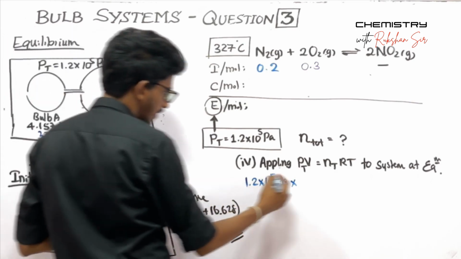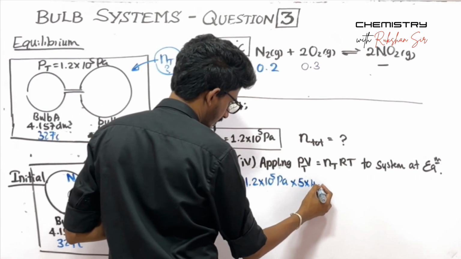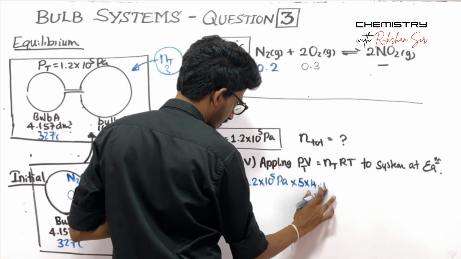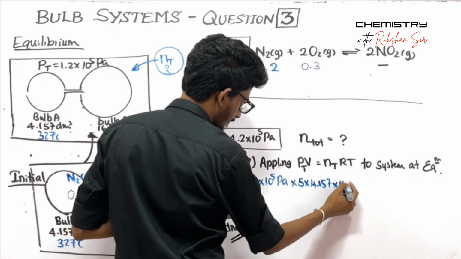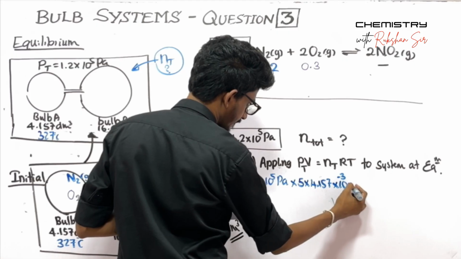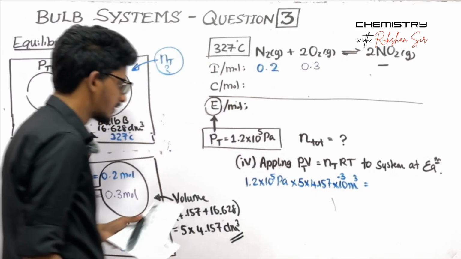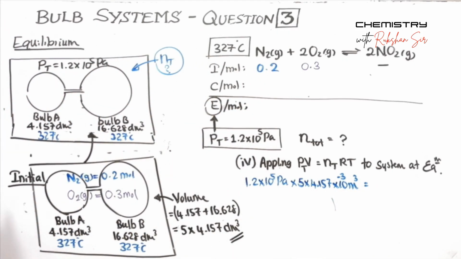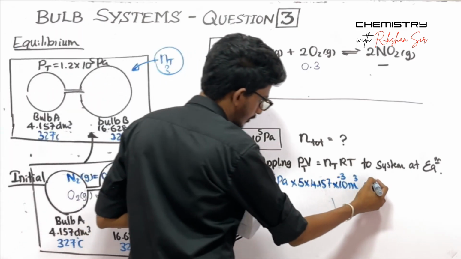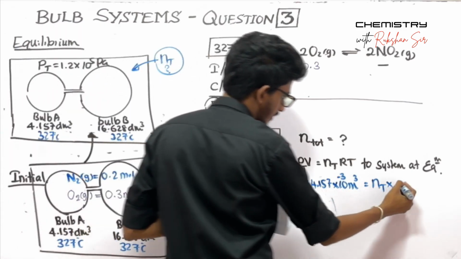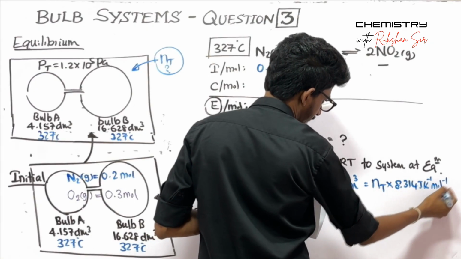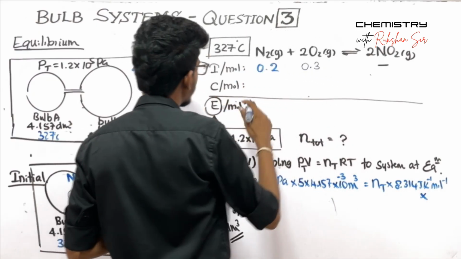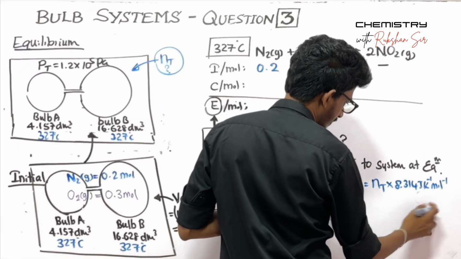Same volume, it can be written as 5 into 4.157, no? What is N in total? That is what we are looking at, right? And this is 8.314 joule per Kelvin per mole multiplied by temperature, 327 means 600 Kelvin.